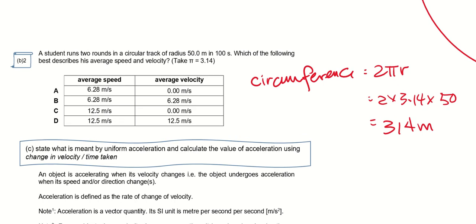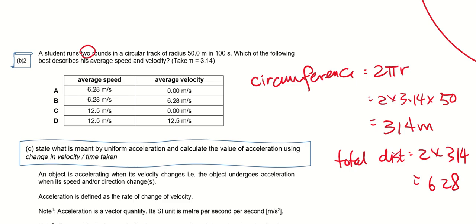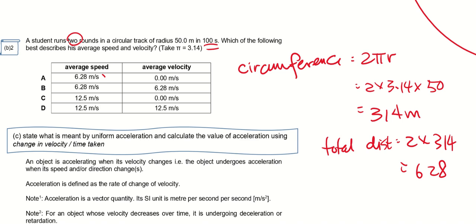That's the circumference, but he ran 2 rounds. So what's the total distance? It's 628, and he took 100 seconds. Therefore, his average speed must be 6.28 meters per second.